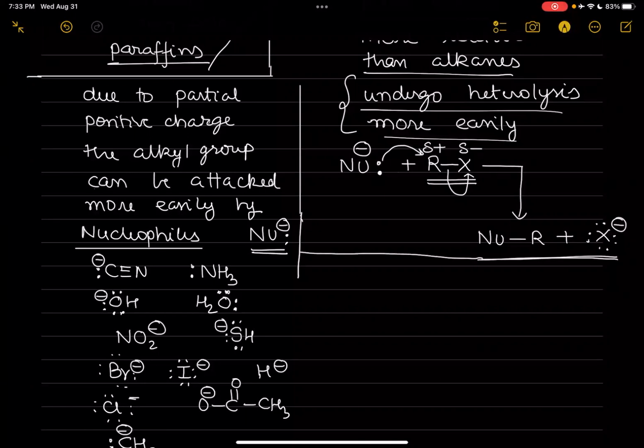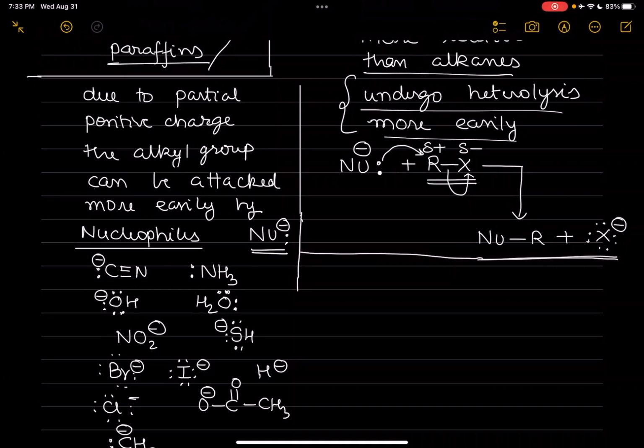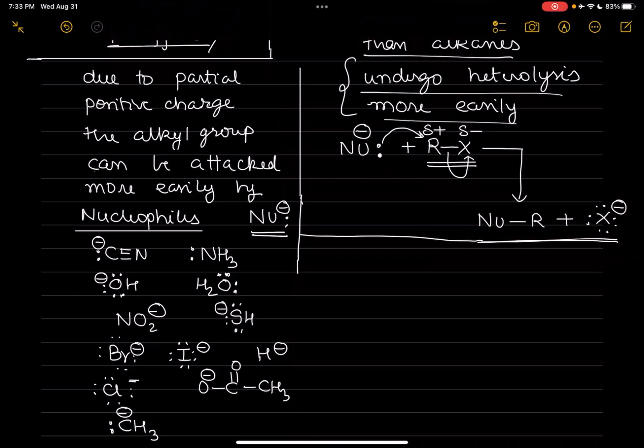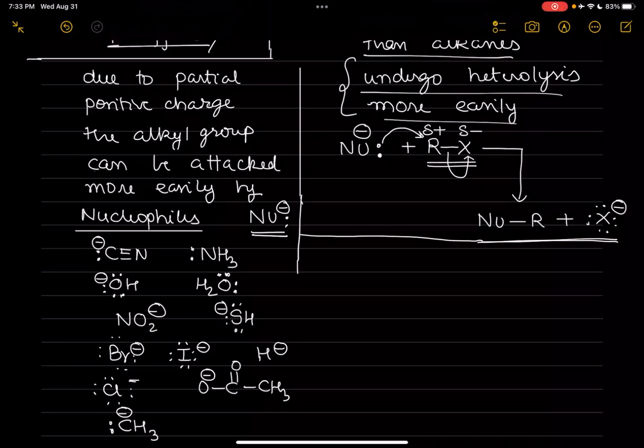So what type of reaction is this? Sir, nucleophilic substitution. Yeah, this is a substitution reaction. So let me decide with respect to the name.